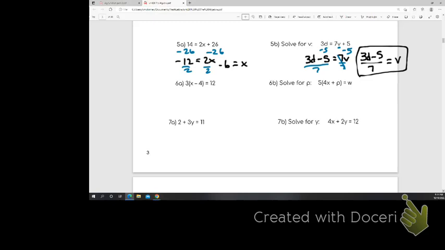So the ones like number 6, there's a couple ways to do it. They're going to look a little different in our answers, though. Since there's nothing else outside the parentheses, I could divide first, which is not usually our process, but I could, because there's nothing outside the parentheses besides the 3, and then add 4.